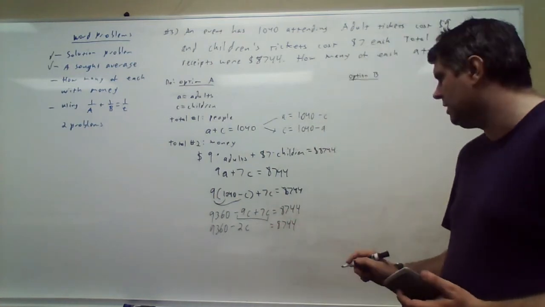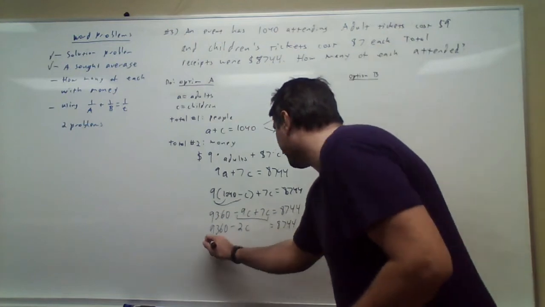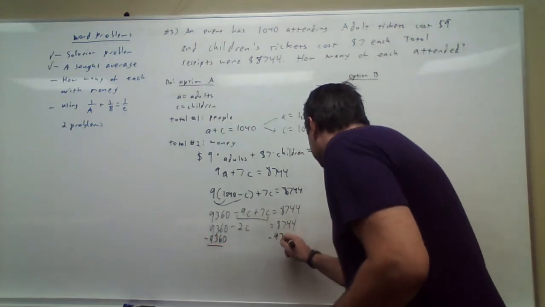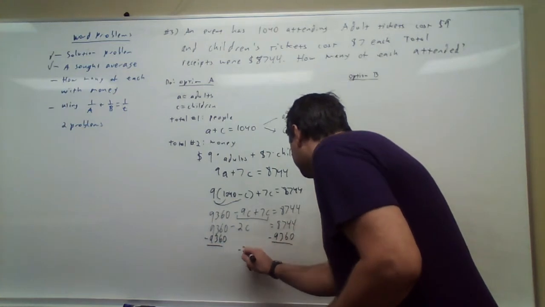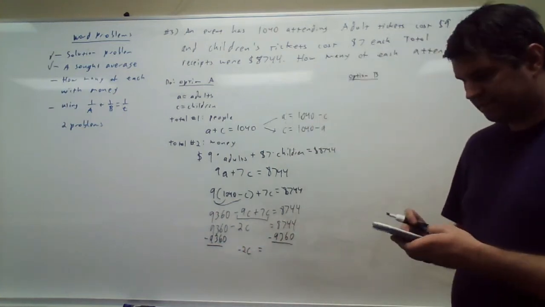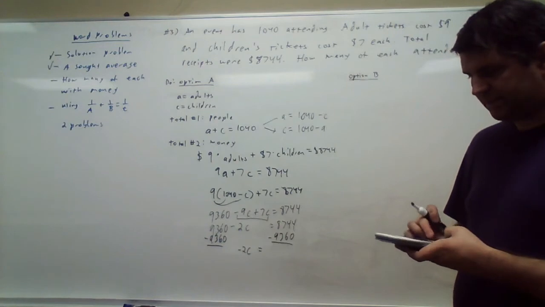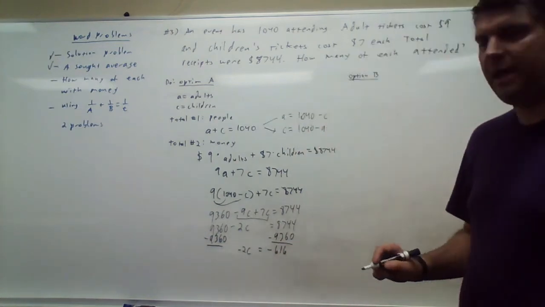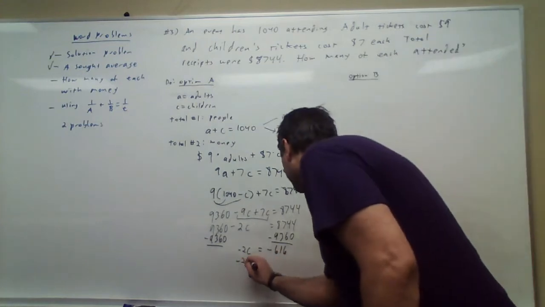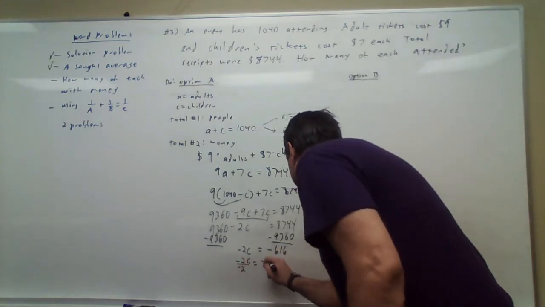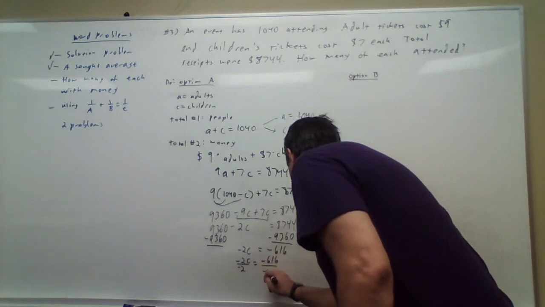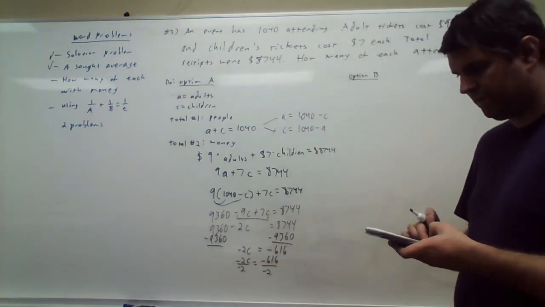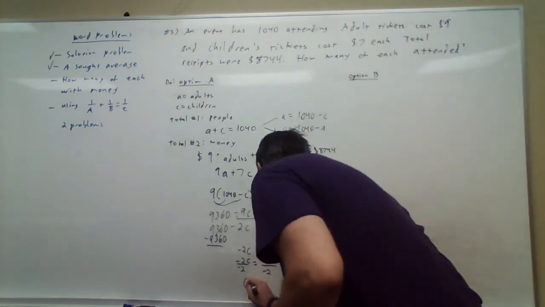So, I want to get the minus 2C by its lonesome, so I will subtract. And negative 2C equals 8744 minus 9360, negative 616. Okay? Divide off that negative 2. And I get C is 308.